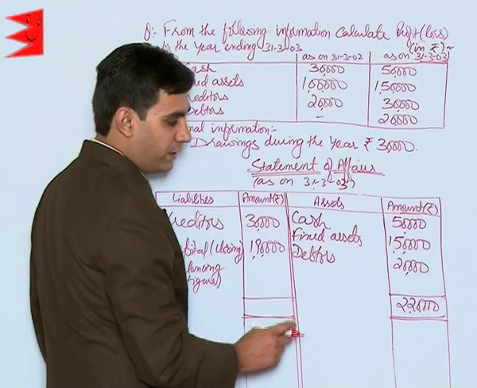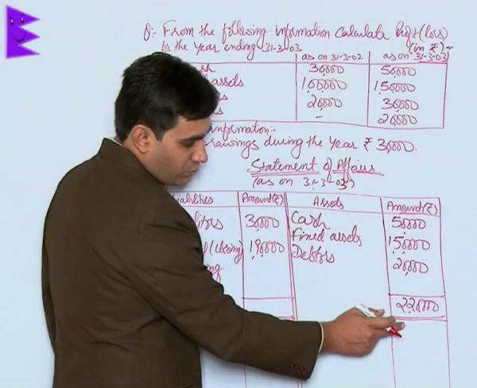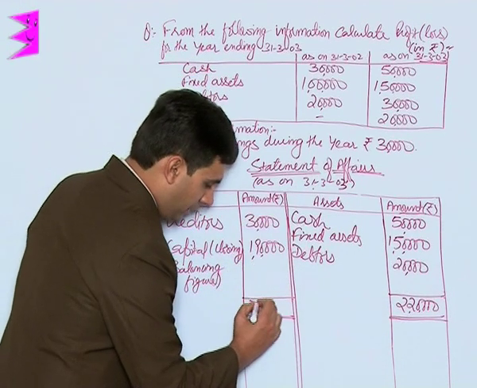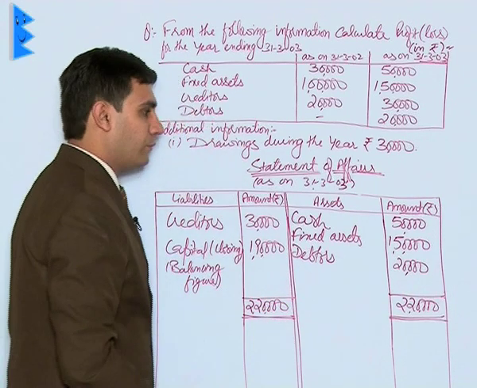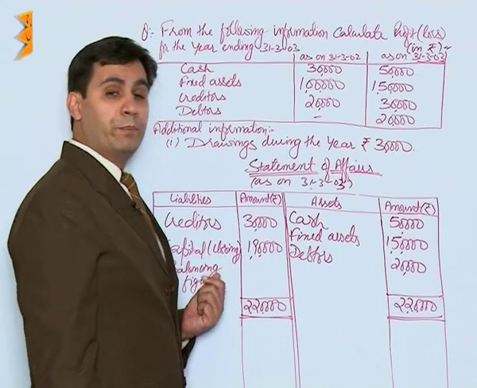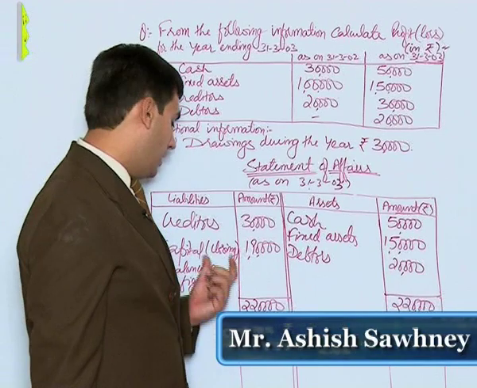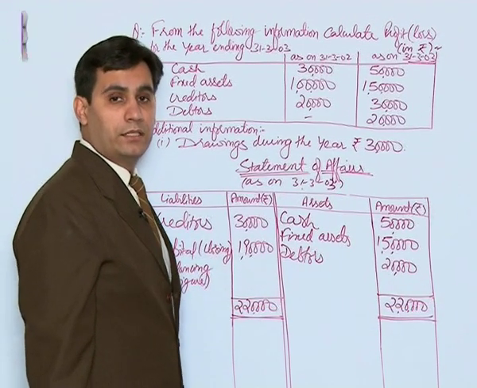You have calculated it by deducting these two amounts. So 2,20,000 minus 30,000 gives you 1,90,000 and the total is 2,20,000 on both the sides. Now students, we know that the capital in the beginning of the year was 1,10,000. Here we have calculated capital at the end of the year as 1,90,000.